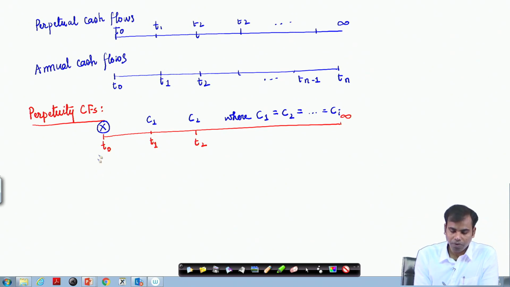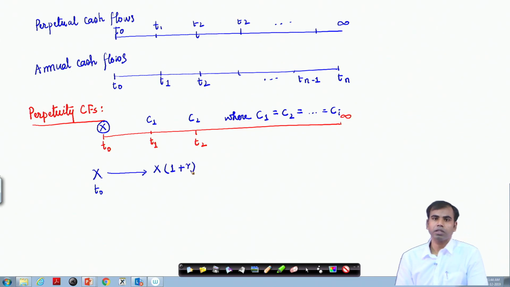So, suppose you have asked the alumnus to invest an amount of money x today, and after 1 year, so this is basically today, after 1 year you are expecting that you should get a return or a value of your investment to be x into 1 plus r, right.